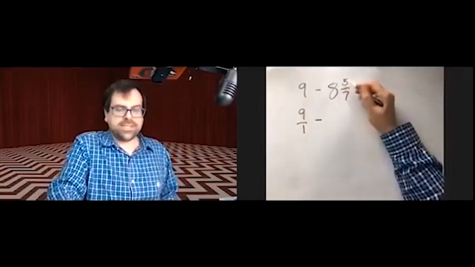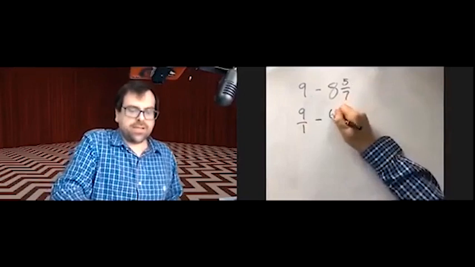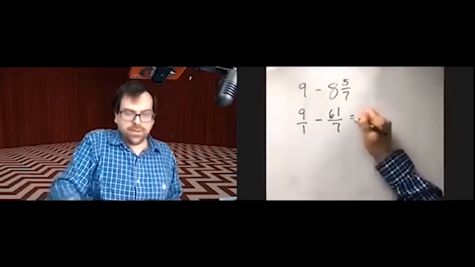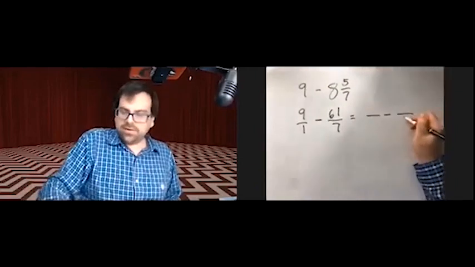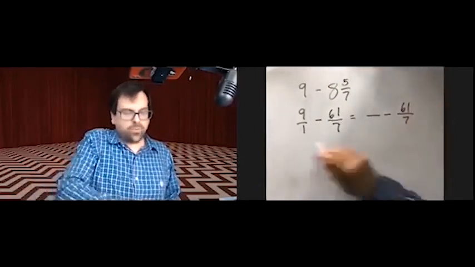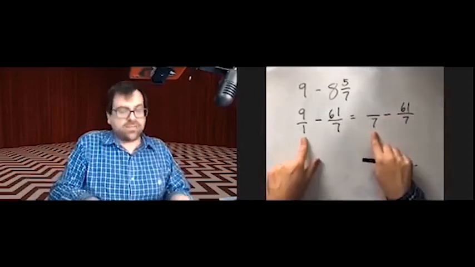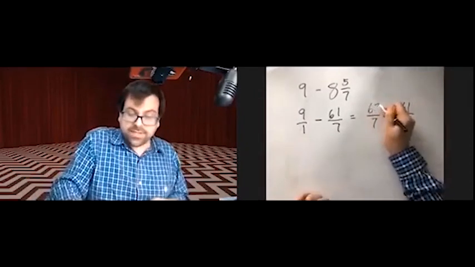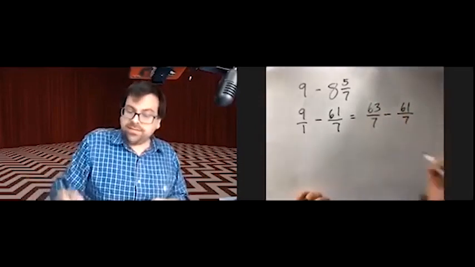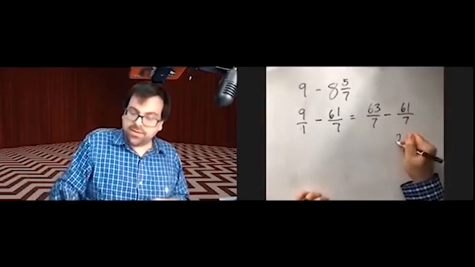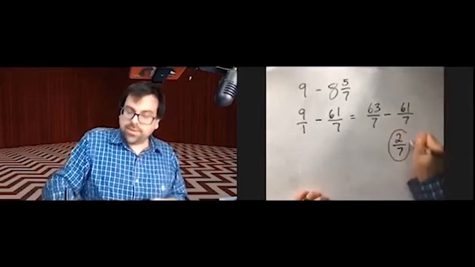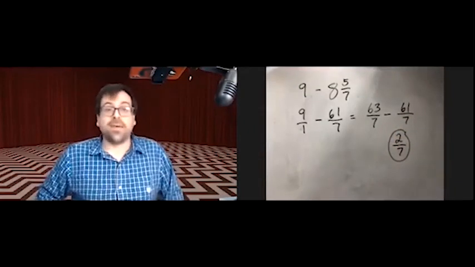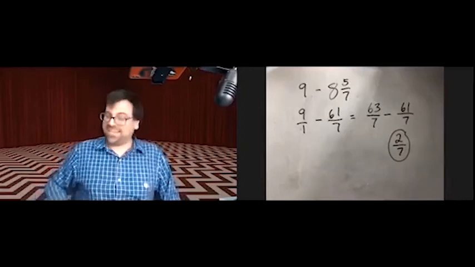This is 56 plus 5, 61/7. Common denominator of 7ths. Second one won't change. The first one would have to be times 7 though. 9 times 7 is 63. 63/7 minus 61/7 is 2/7. Okay, maybe not that much more complicated with this specific example.